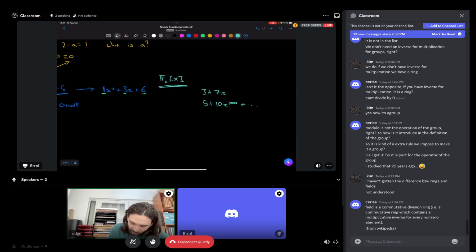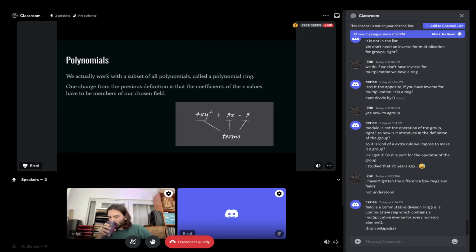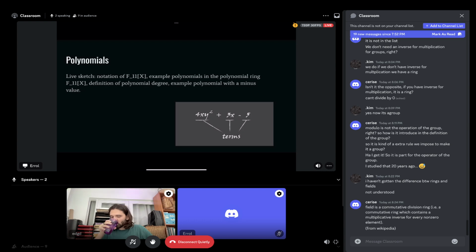But this notation means all polynomials of this format.